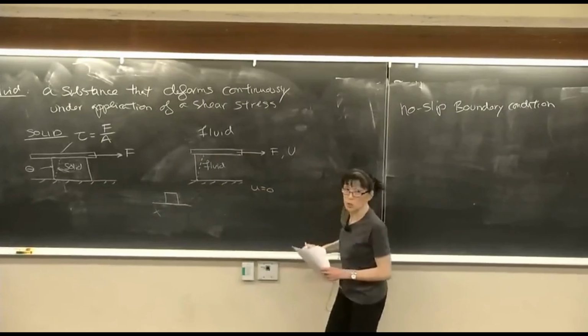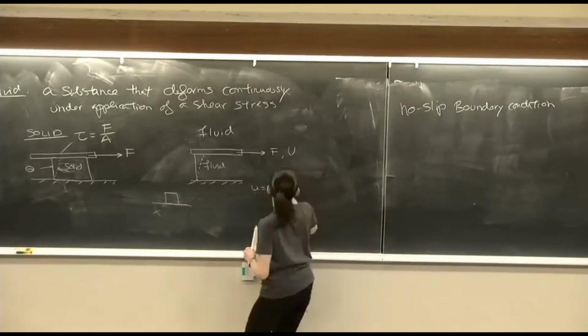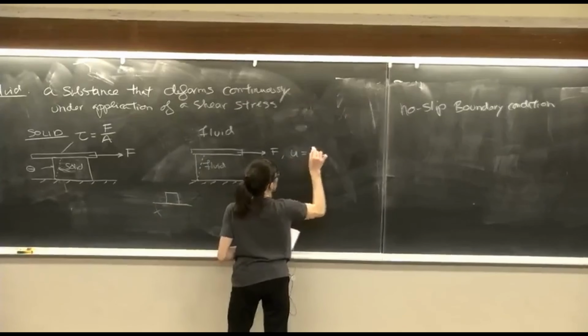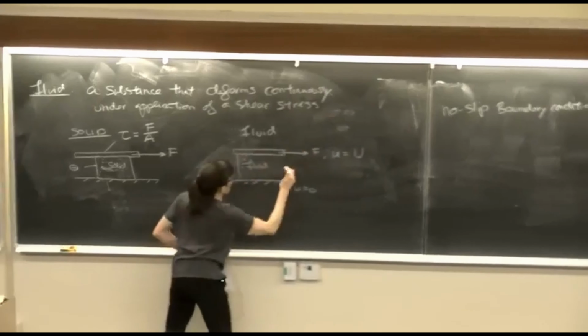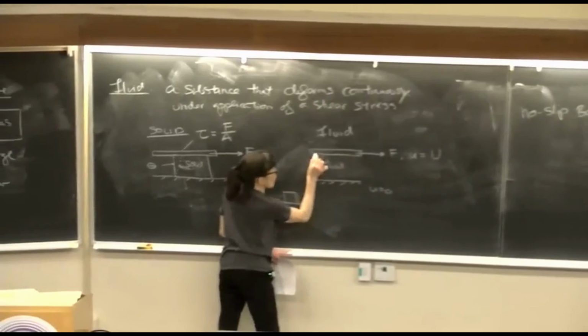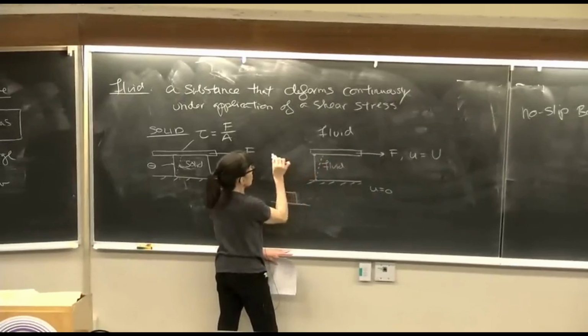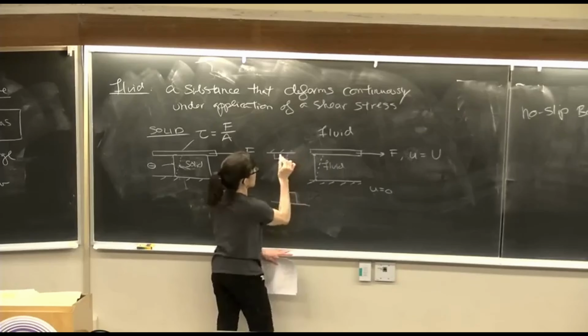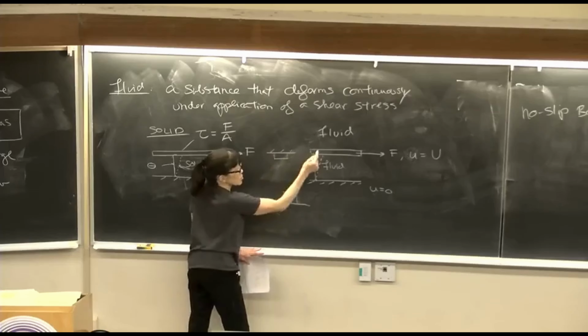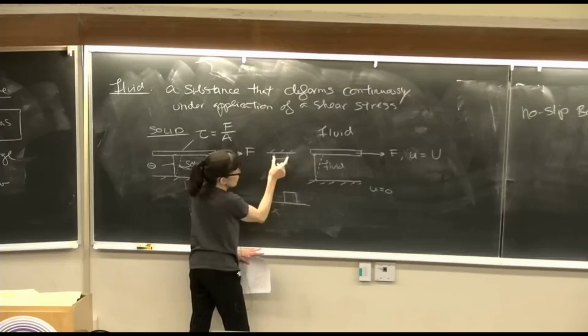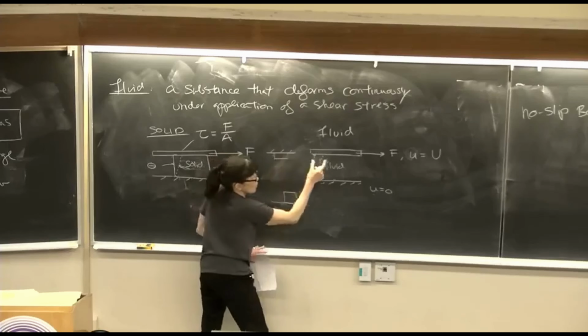Let's call it big U. So the velocity here is going to be big U. And the fluid particle at the top, which is just adjacent to the top surface, will be stuck to this plate, and so will take on the velocity of the plate. So this top fluid particle will have a velocity big U.